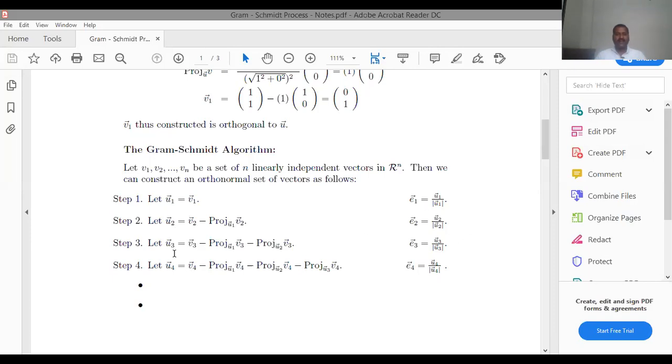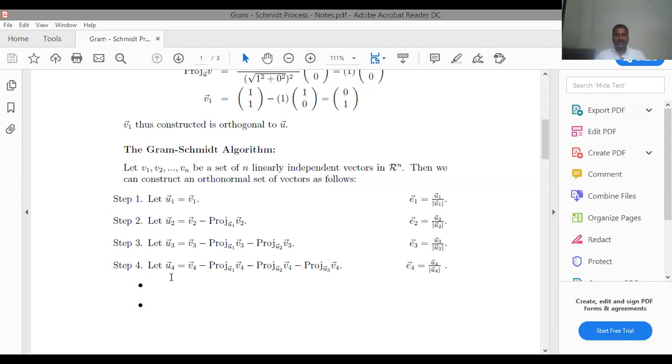Similarly, till now, two vectors v1 and v2 are orthogonalized. Now for u3 bar, we project onto the space spanned by the already orthogonalized vectors. So v3 bar equals u3 bar minus the projection of u3 bar on v1 bar and the projection of u3 bar on v2 bar.